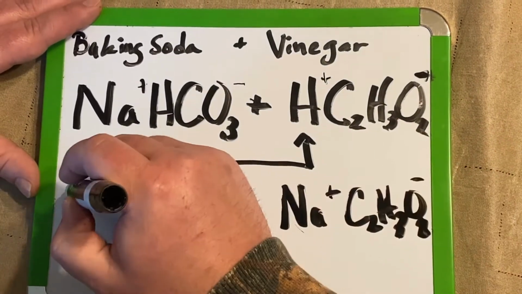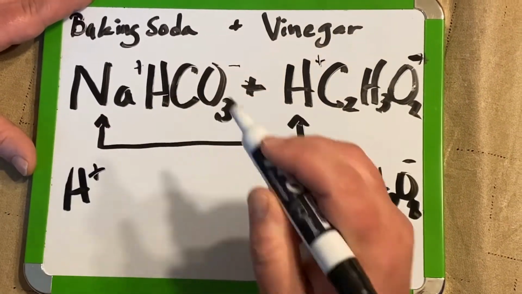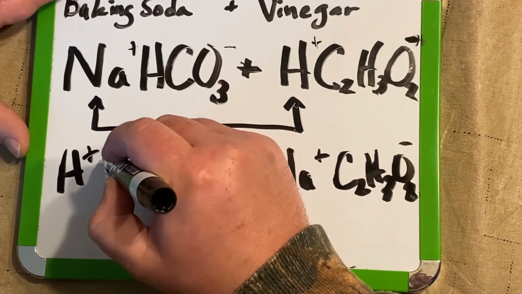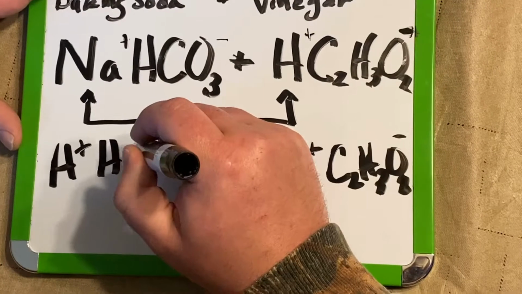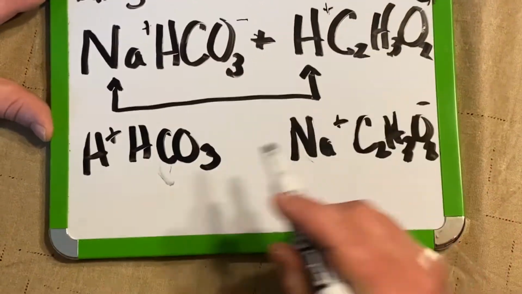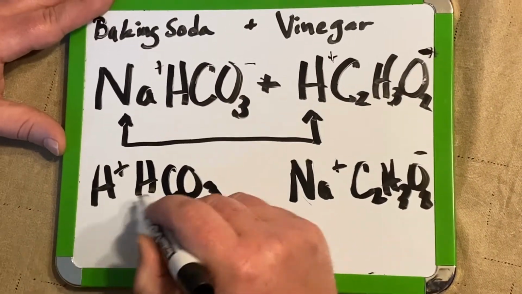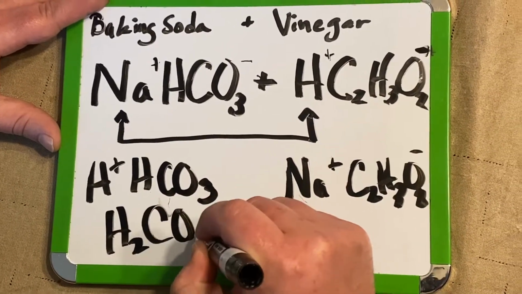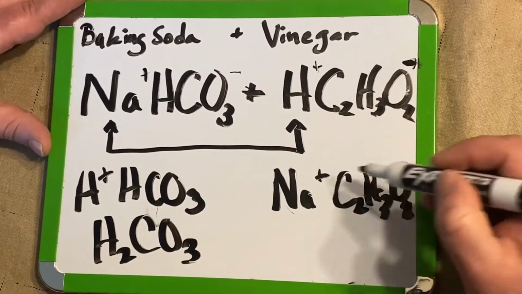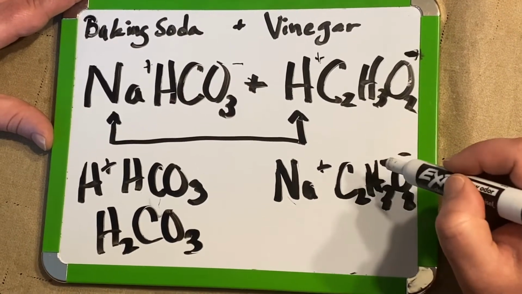And the hydrogen is going to come over here and come to the HCO3, and I got ahead of myself there. It's going to become H2CO3. So this over here is sodium bicarbonate now.